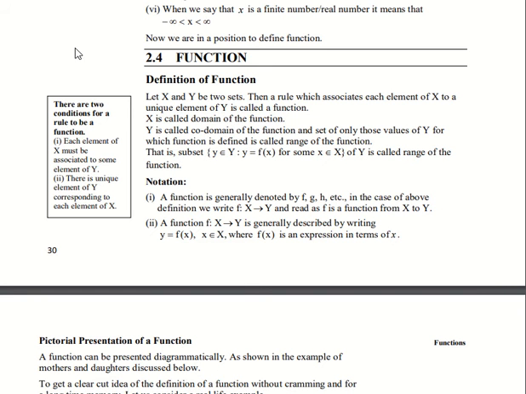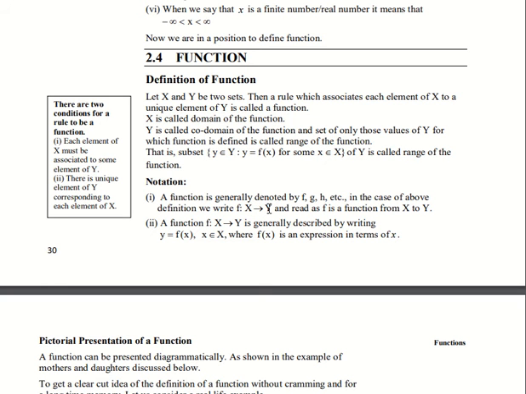A function could be written in the small letters of the English alphabet, a, b, c, d, e, f, g, whatever you want. The notation between two sets is written as f, colon, then whatever your set name is for the input, then an arrow, then whatever it is related to.